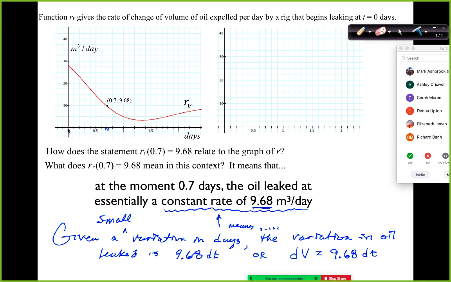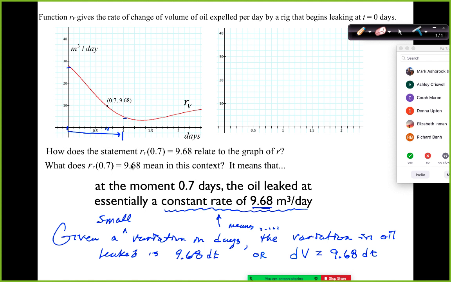To talk about how much leaks over one day is totally irrelevant because the rate changes a whole lot over one day. That's why this definition is so important. We have to be able to know how much oil leaks in any amount of time, because the only amounts of time that are going to be relevant are very small variations in time. A day going by is irrelevant for this rate.